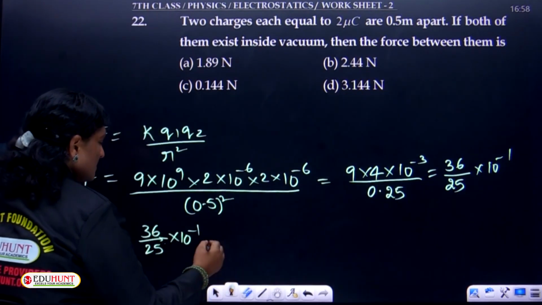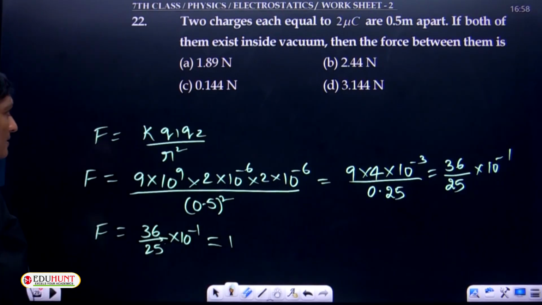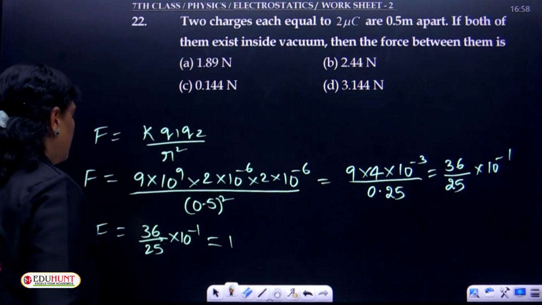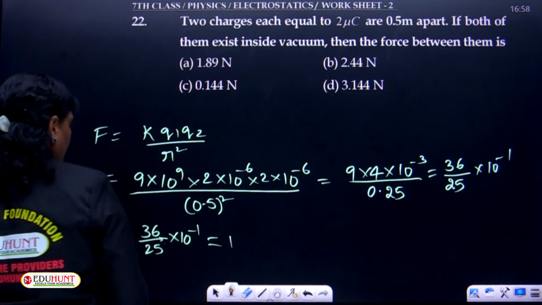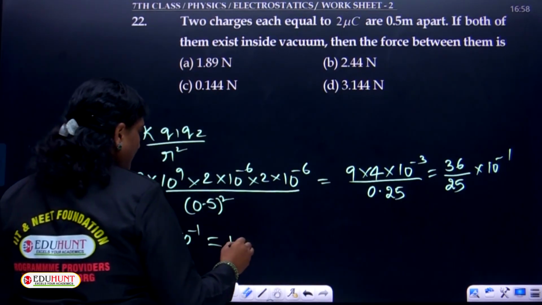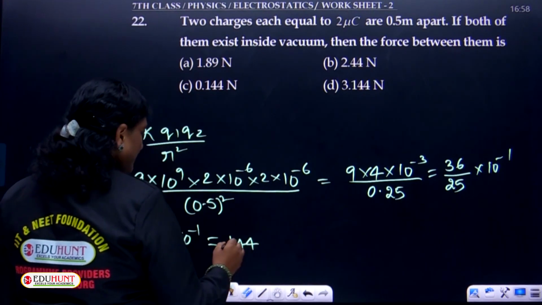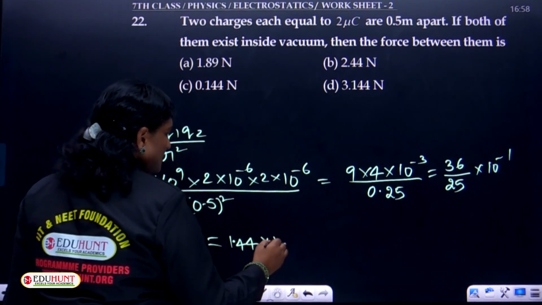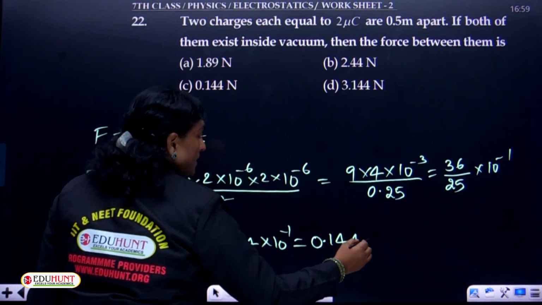So the value of this is given by 25, 1 is, you are getting it, and left with 36 and 25, 11, 110 means 4 times is 100, 144, so 1.44 approximately into 10 power minus 1 can be written as 0.144 Newton.